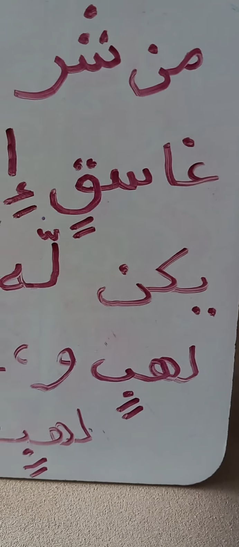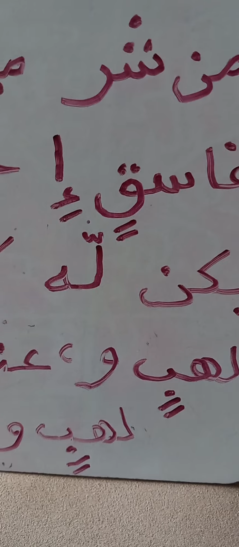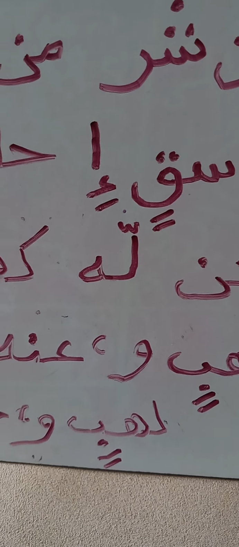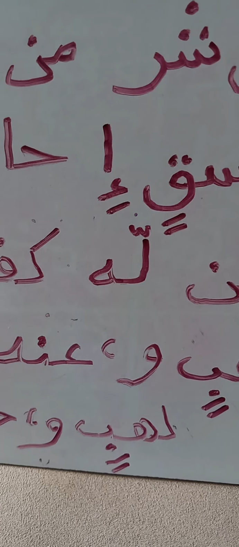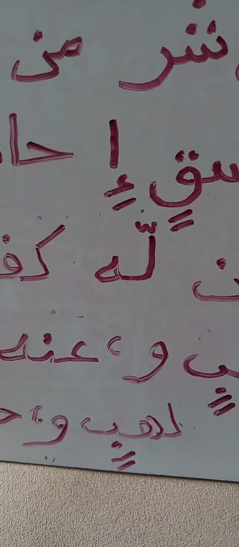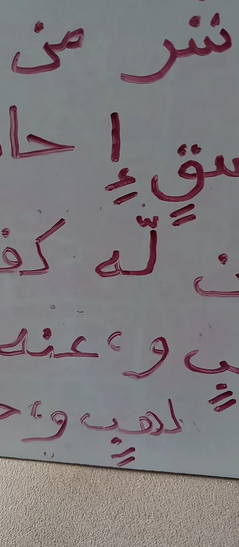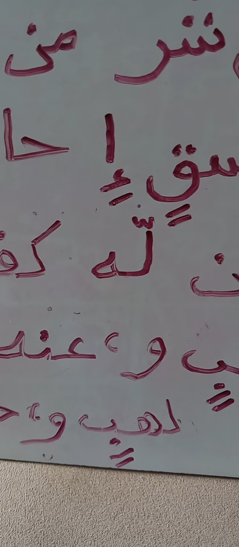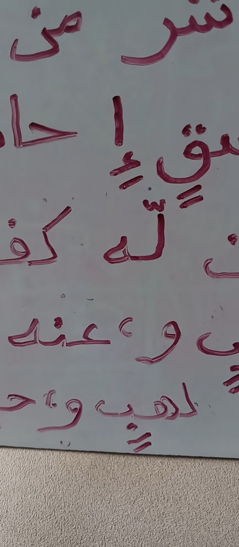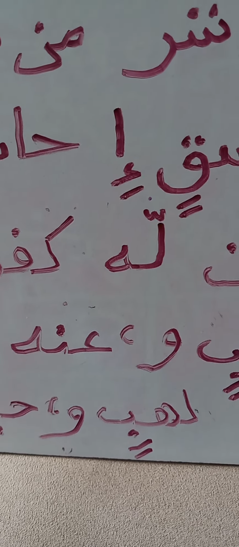Next, you have ghasiqin idha. Now you have tanween followed by the hamza. What category does the hamza belong to? Idgham. No, but close. Idhar. Don't forget, the 6 letters of idhar are what?